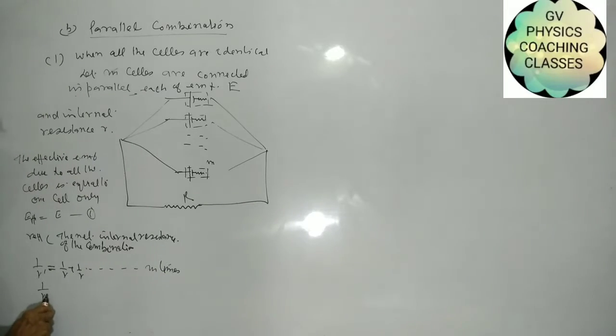Then 1 upon R dash equal to M upon R, or R dash is equal to R upon M. This is it.